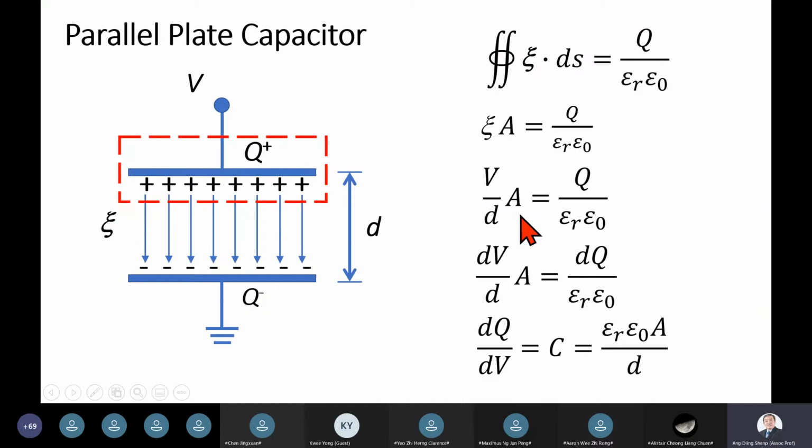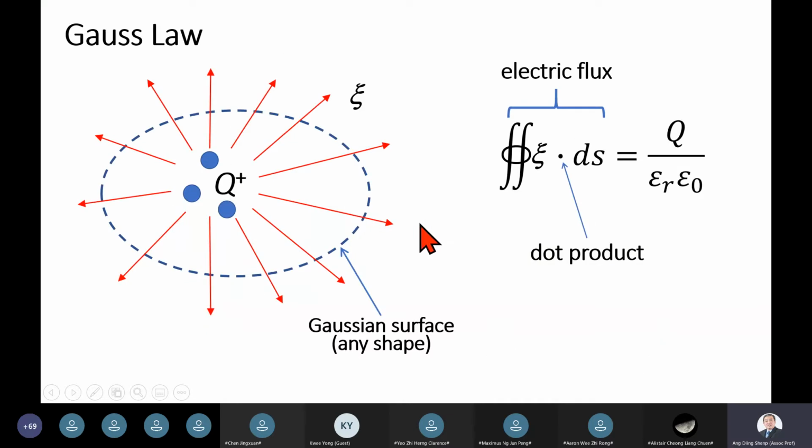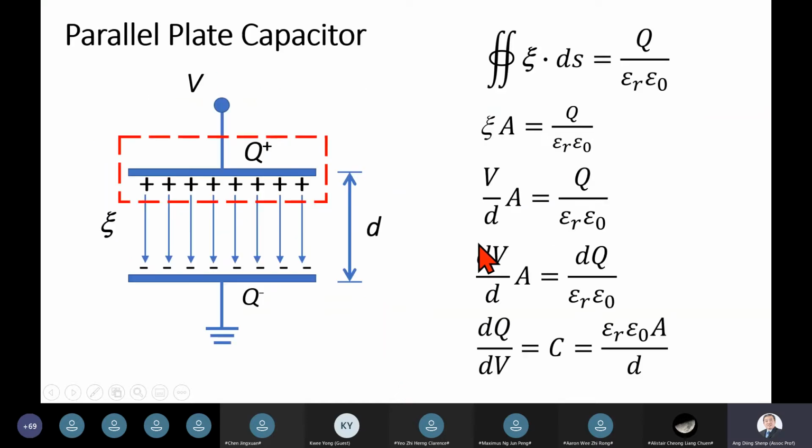So let's apply Gauss law to the parallel plate capacitor. Gauss law in principle works for any shape of the Gaussian surface. But of course, we do not want to make life difficult for ourselves. We will always choose the Gaussian surface that allows us to evaluate this integral most conveniently.